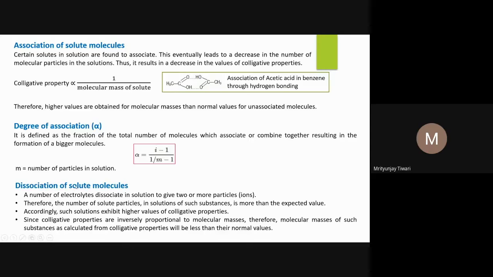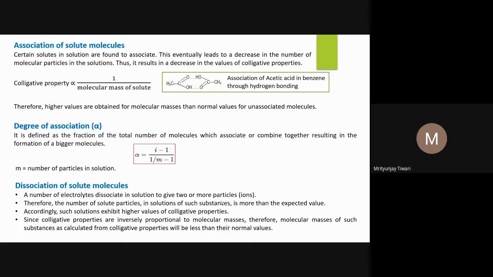Now, if the solute particles dissociate, a number of electrolytes that we know dissociate in the solution to give two or more particles. And the extent of dissociation will also define how many particles are there, whether it is a strong electrolyte, almost 100% dissociated, with more than 95%, or a weak electrolyte, where we also see a degree of dissociation.